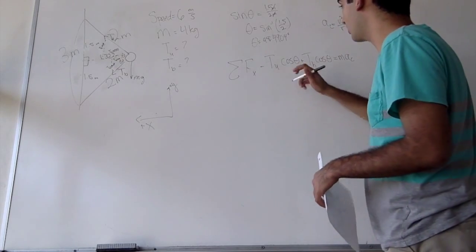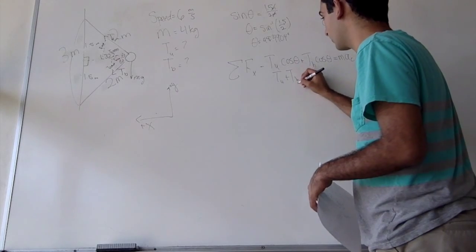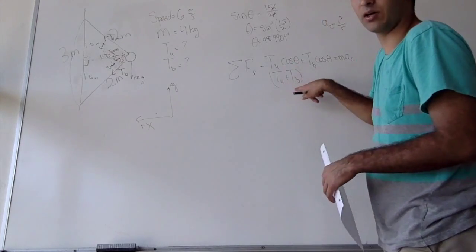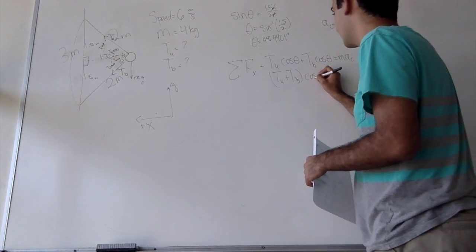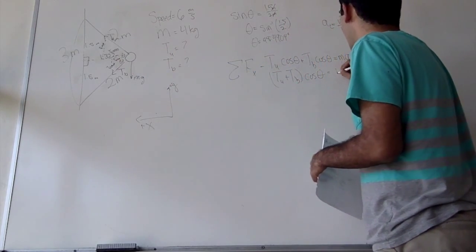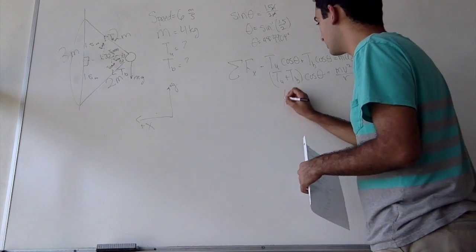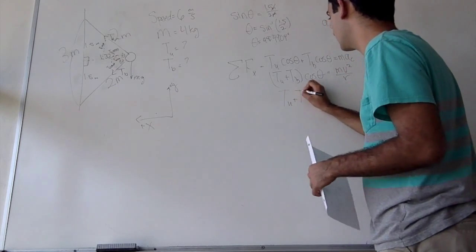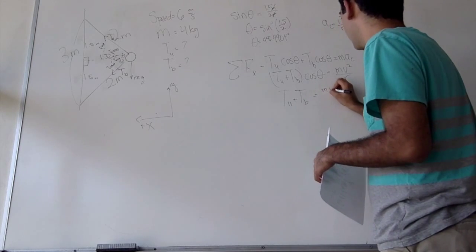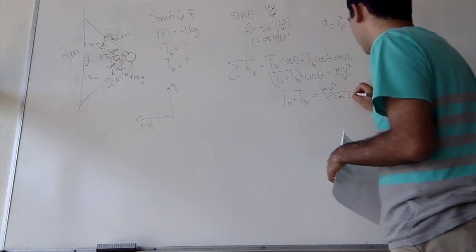We can factor this to make it easier to read: T upper plus T below times cosine theta is equal to m v squared over r. Then T upper plus T below is equal to m v squared over r cosine theta.